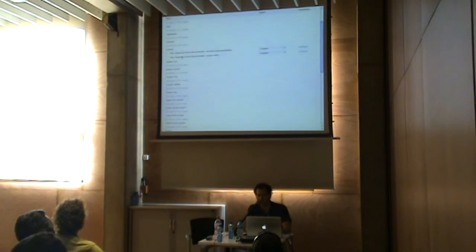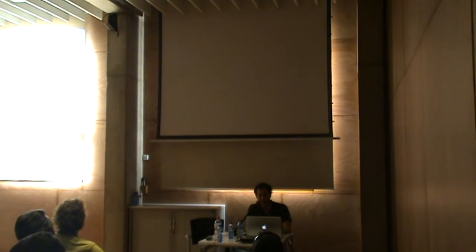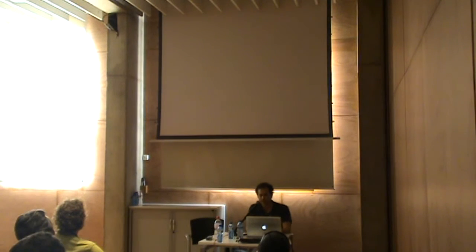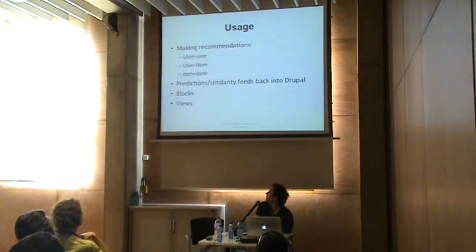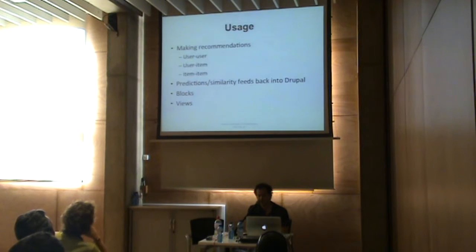Browsing history recommendation also provides similar nodes, of course. Based on these nodes, you may also want to browse these other nodes, which I don't think you've seen before. All right. These are the blocks that you get with the browsing history recommender.